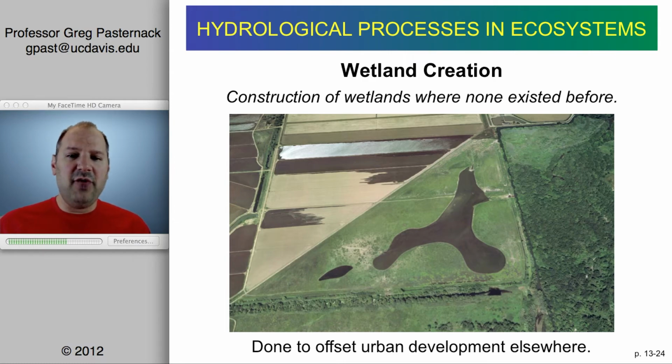So here's an example of wetland creation. You see these agricultural fields. This is here in California in San Joaquin County. There was an agricultural field, a big square field. They filled a dike across the diagonal.